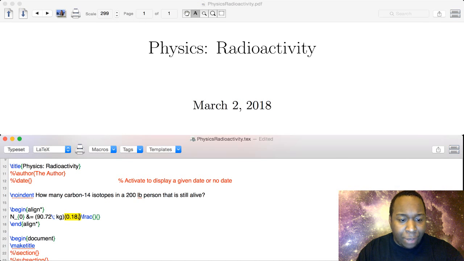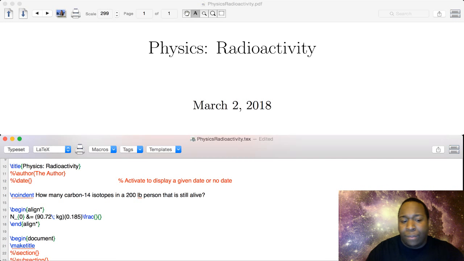And I probably should make sure I'm keeping track of the units. Yeah, 0.185. So this is going to be the amount of mass that's actually carbon.